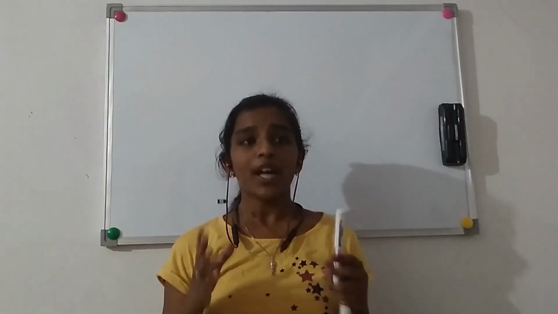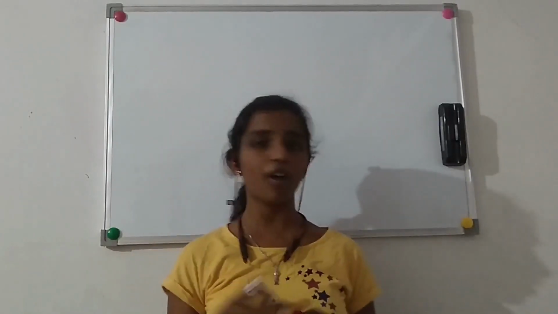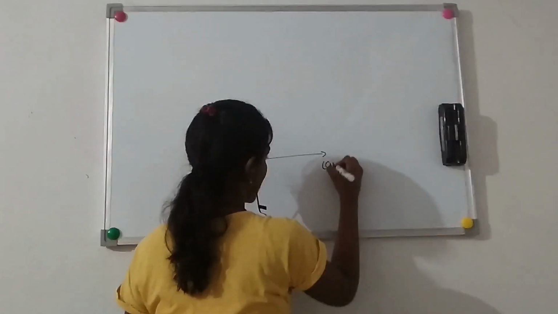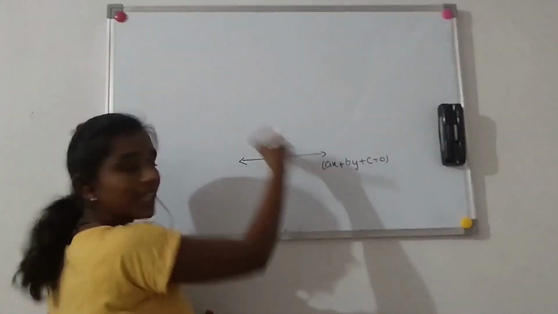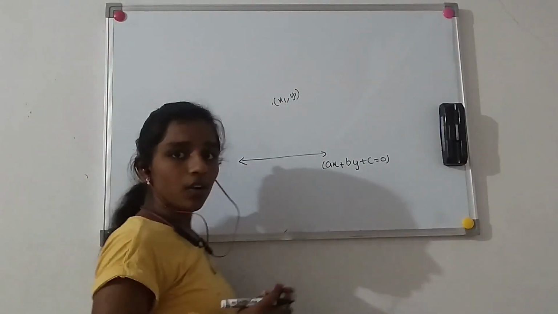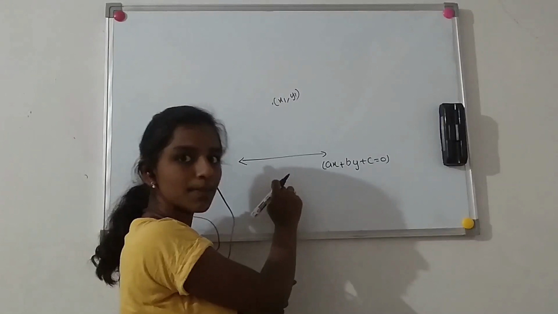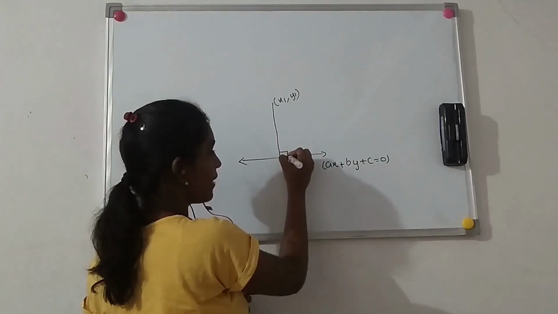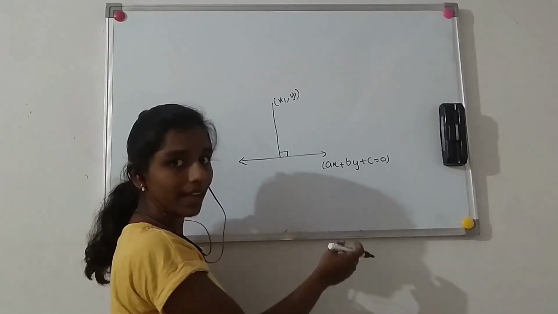So guys, what is the foot of the perpendicular actually? You have read it in geometry, right? If I take a line ax plus by plus c equals to 0, and there's a point above this line, that is x1 comma y1, and I draw a perpendicular line from the point x1 comma y1 to this line, what will happen? This perpendicular line meets the line ax plus by plus c equals to 0 at some point.